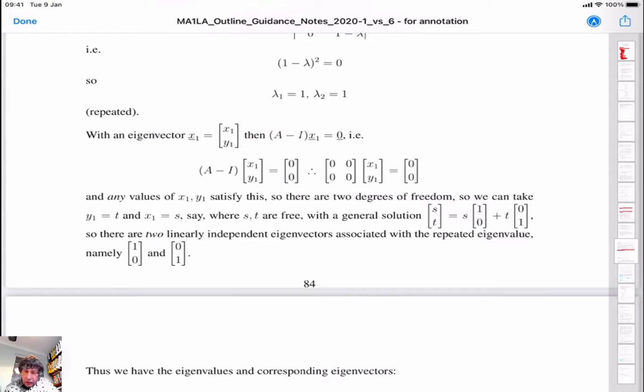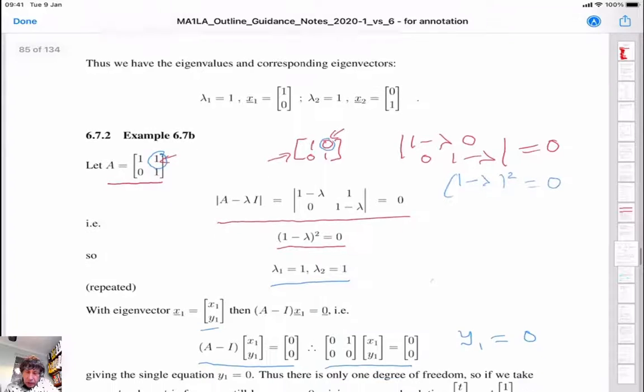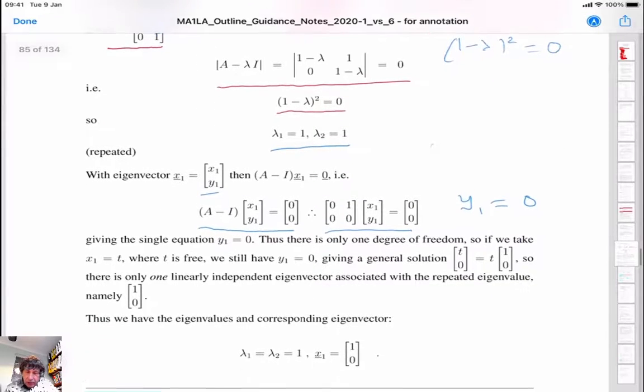The set of linear equations for the components of the eigenvectors corresponding to the eigenvalues 1 and 1 were automatically going to satisfy the equations regardless of their values. So that gives us 2 degrees of freedom and hence 2 linearly independent eigenvectors.